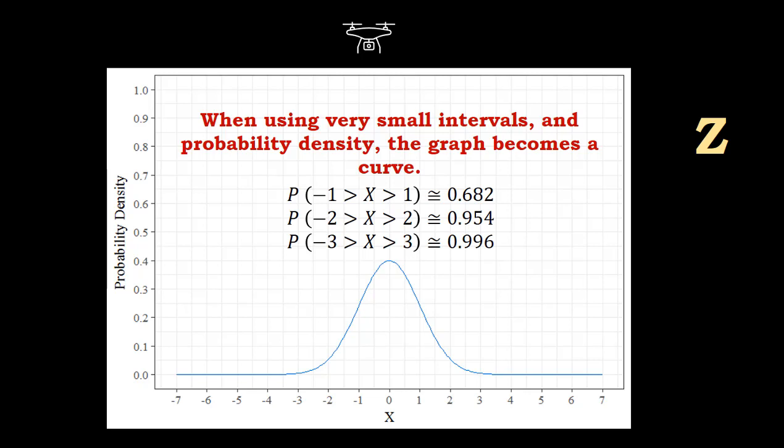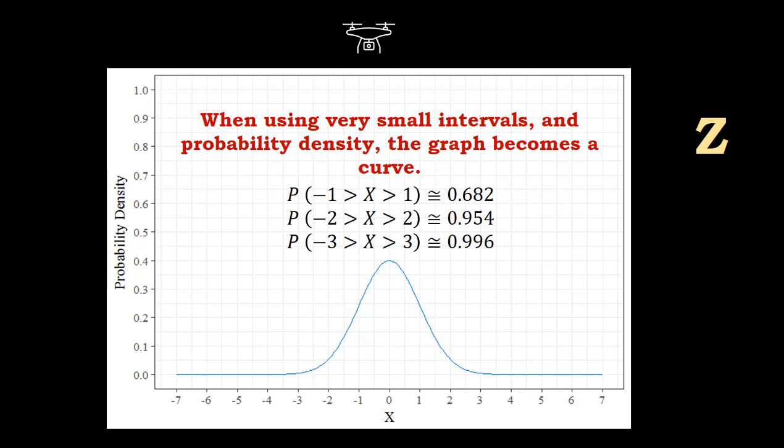This is what we call a normal distribution, which is a symmetric distribution with a peak in the center. In that distribution, the probability of the random variable x taking any value within the interval between -1 and 1 is approximately 0.6882.